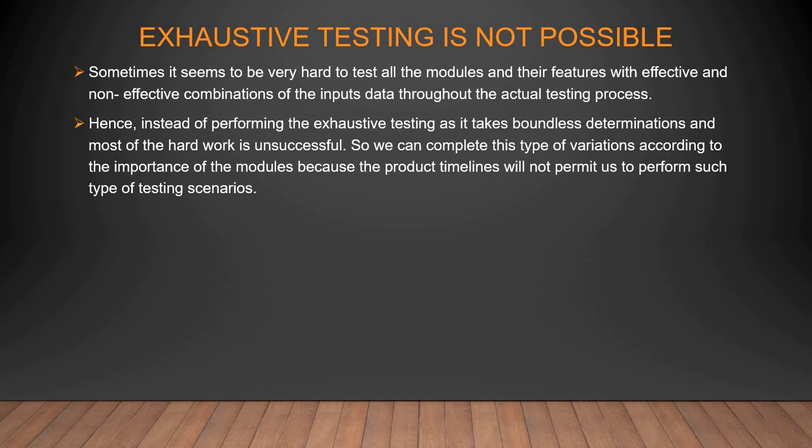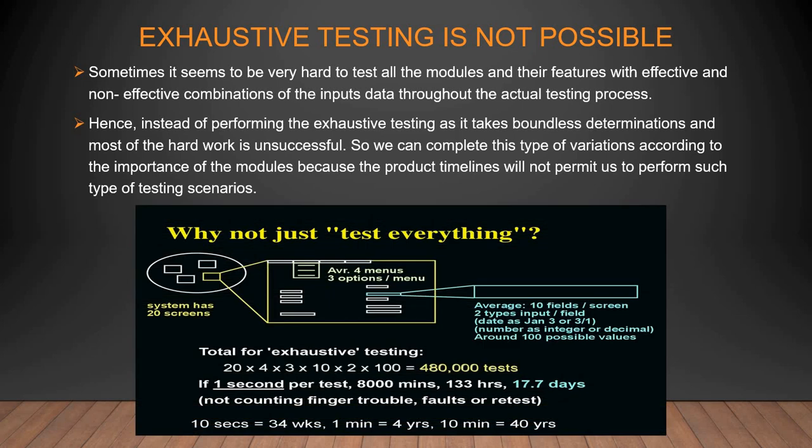With the help of the example below, you can know more about exhaustive testing. Say we have a web application which has 20 screens, and here you can see 4 menus, 3 options. Okay, so the average is 10 fields per screen, 2 types of input fields.